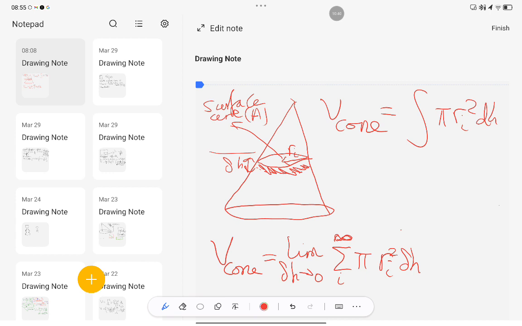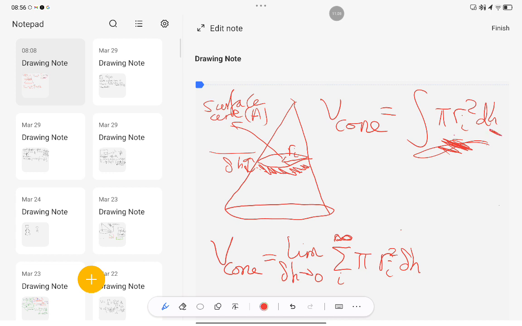And so now we need to evaluate this integral. Now usually when we're doing integrals, there are some exceptions to this, but generally we would want the function within our integral to depend on the same variable as the thing we're integrating over.